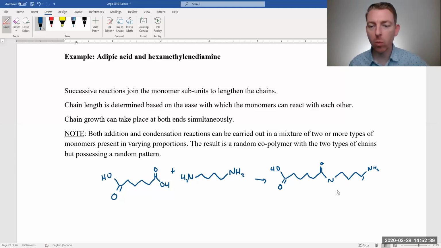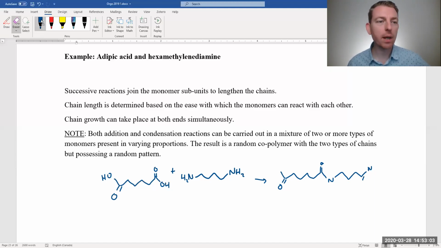So here is one new monomer link. So now we have something that has a bond here and a bond here, or a functional group on either end of it that can react with each other. So if we're looking at the repeating unit for this, we know it's going to bond through that OH, because that drops off.